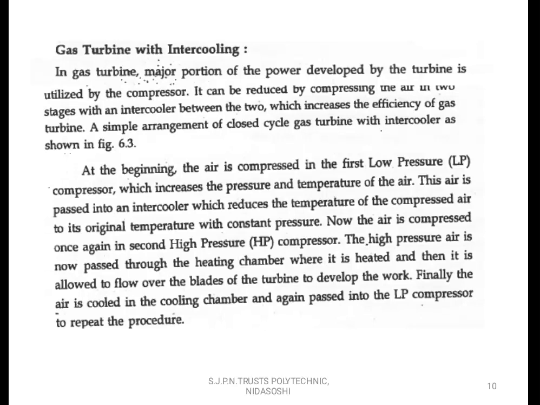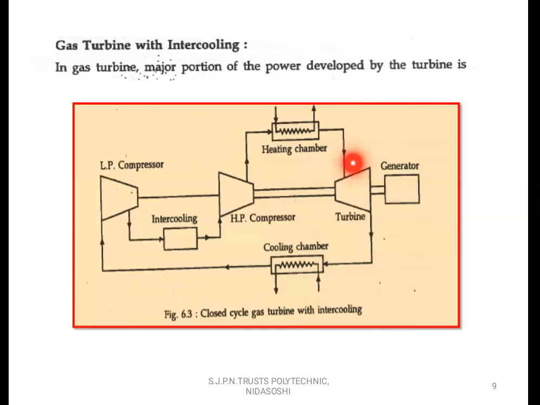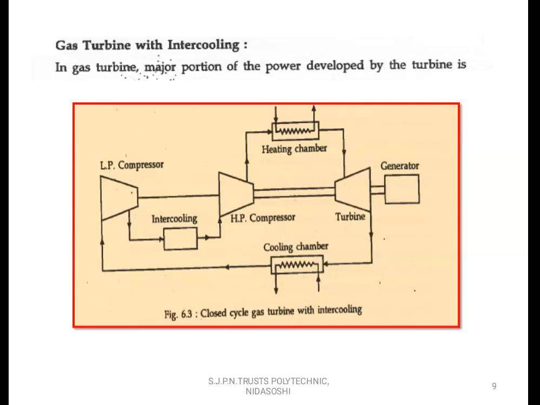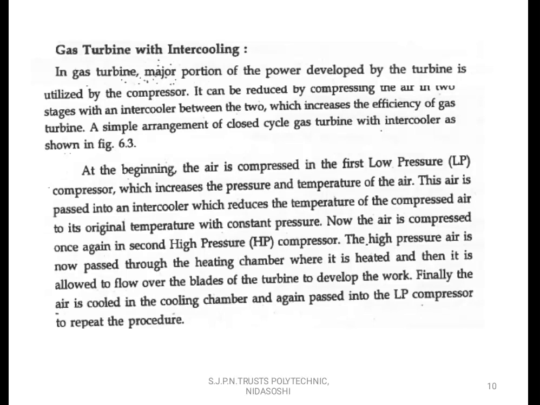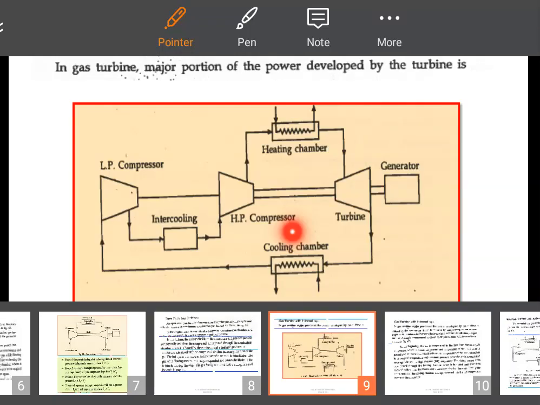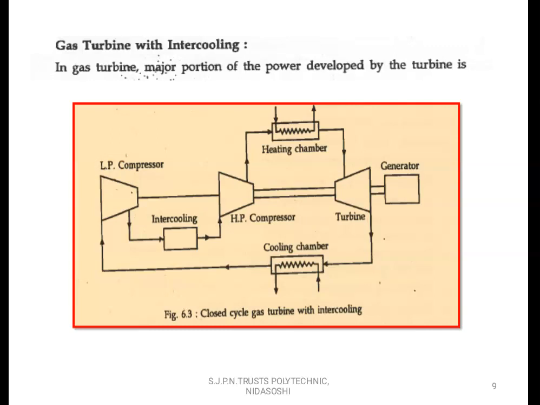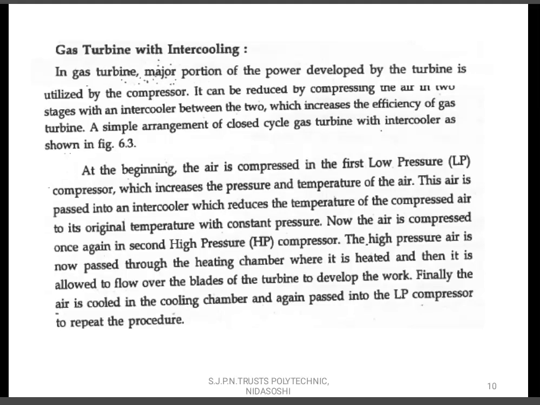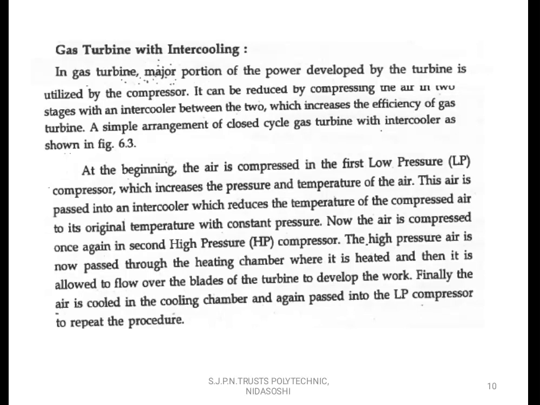From the heating chamber it comes to the turbine, to develop the work. Finally, the air is cooled in the cooling chamber and then sent back to the low pressure compressor to repeat the procedure.